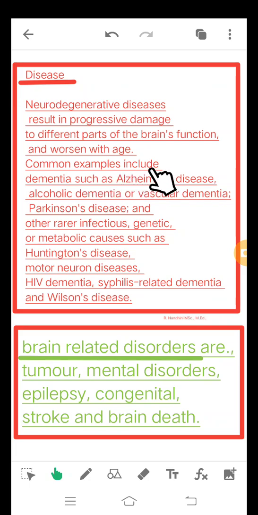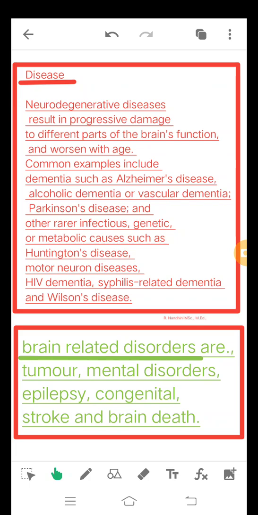Common examples include dementia such as Alzheimer's disease, alcoholic dementia or vascular dementia, then Parkinson's disease, and other rarer infectious, genetic or metabolic causes such as Huntington's disease, motor neuron disease, HIV dementia, syphilis-related dementia, and Wilson's disease. These are some brain diseases.